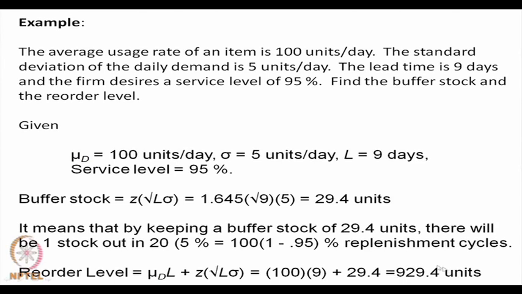It means when the inventory position comes down to 929.4 units, you place an order for Q and you will then ensure a service level of 95%, meaning that there will be a 5% chance of a stock out, meaning that there will be one stock out in 20 such replenishment cycles.